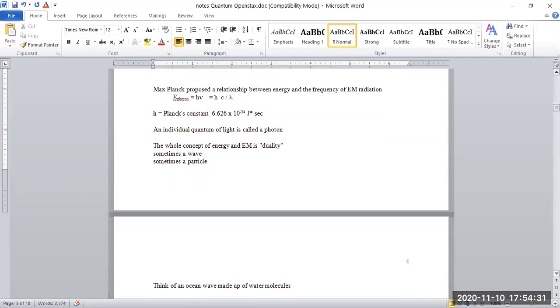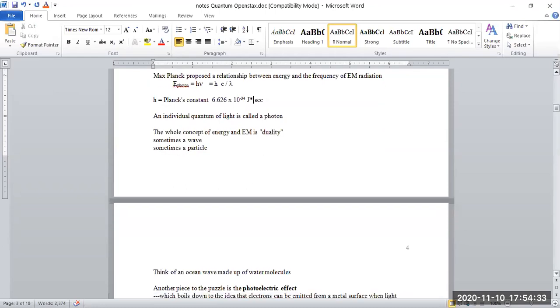So we get this duality thing, okay? This is what in the 1920s/1930s was a very big point of contention between some of the physicists of the day, because half of them are running around going, no, no, no. If we're talking about EM, it has to be a wave.